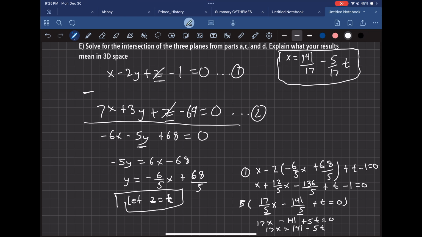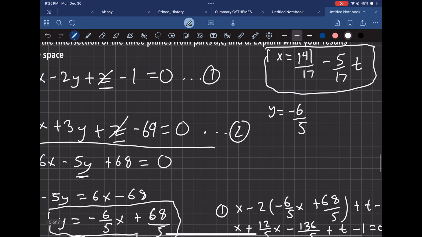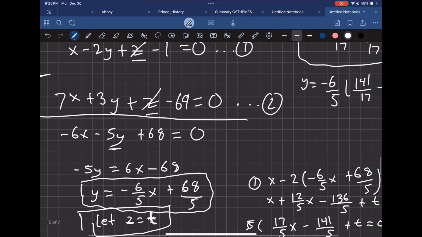And now we need to solve for our y value by plugging in whatever we got for x. So y equals negative 6 over 5x, but x is actually that value above, so we'll put that in there. 141 over 17 minus 5 over 17t plus 68 over 5.